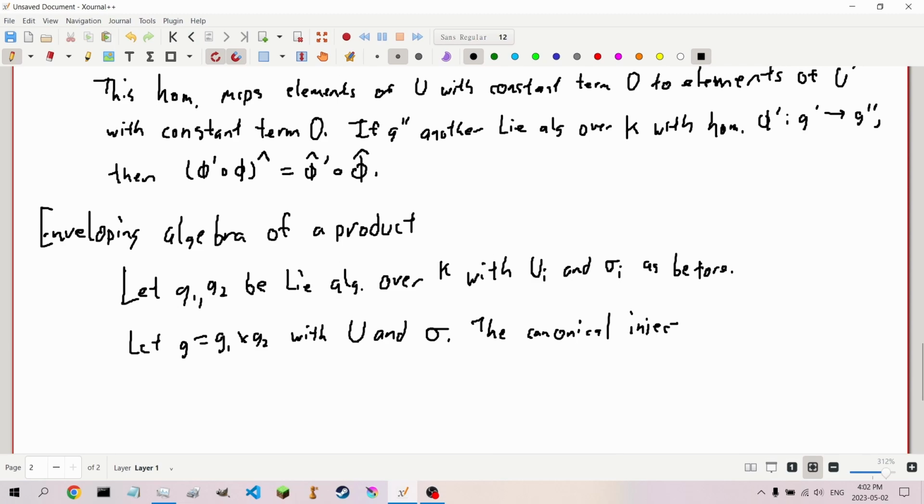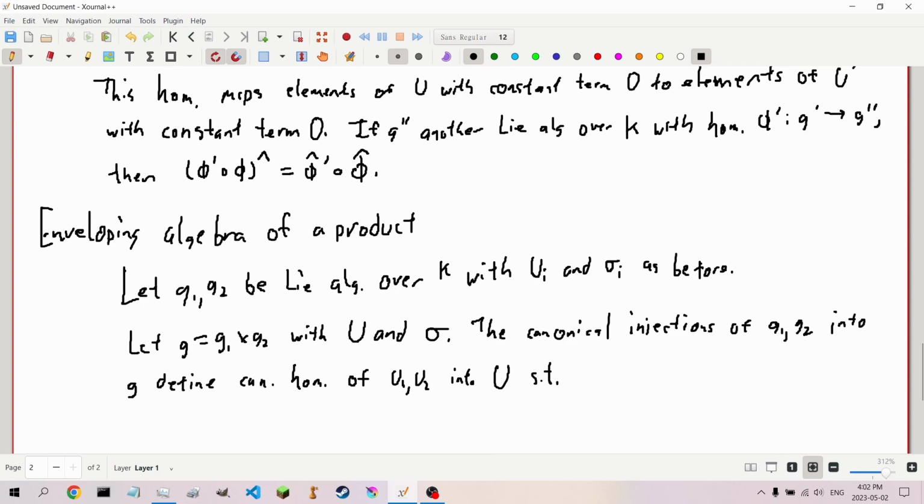Canonical injections of G1 and G2 into G define canonical homomorphisms of U1 and U2 into U, such that their images commute, because keep in mind the original G1 and G2 are the direct product, and so they're going to commute with each other.